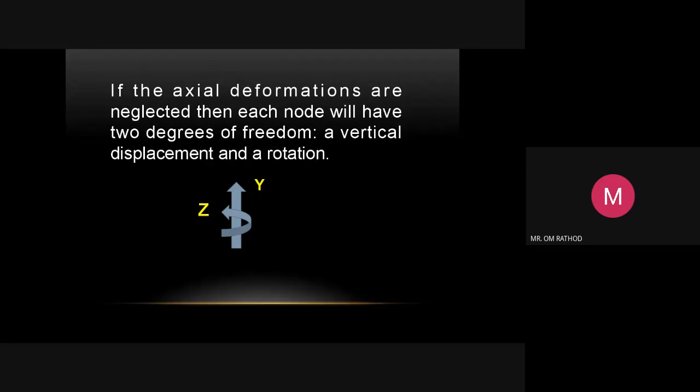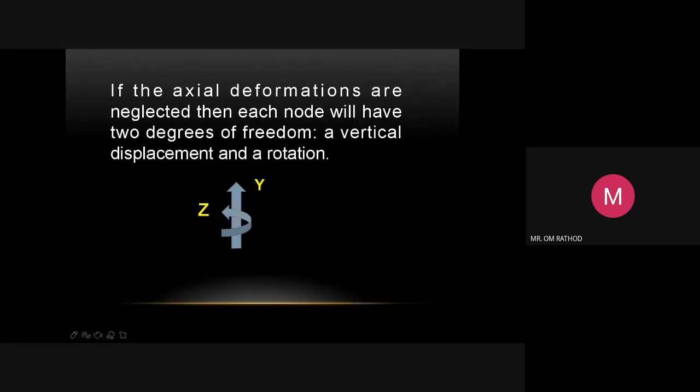But whatever the degrees of freedom we are calculating, that is the total number of possible displacements at the joints or at the supports. Means the degrees of freedom of a beam will depend on the type of the support provided in your structure.